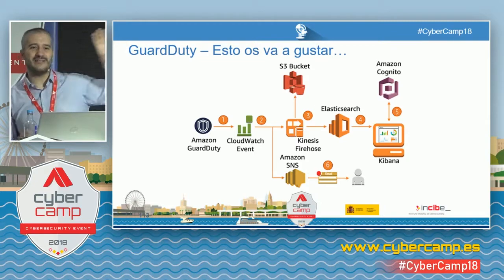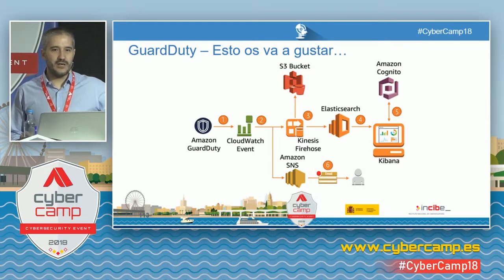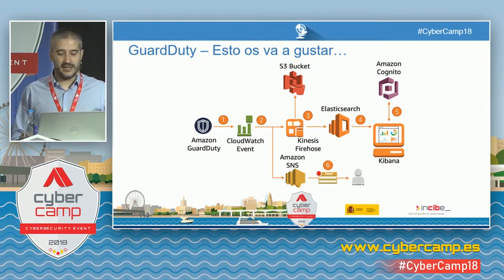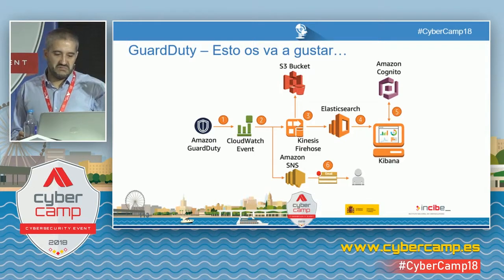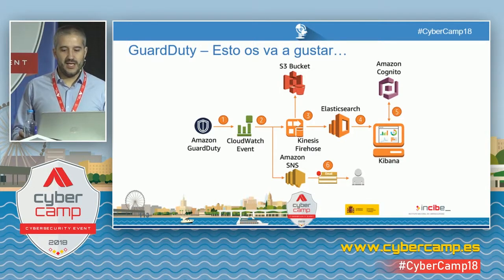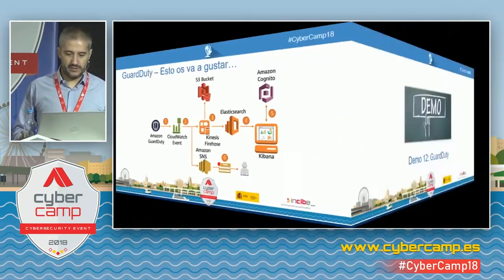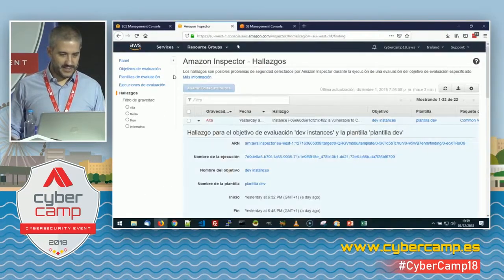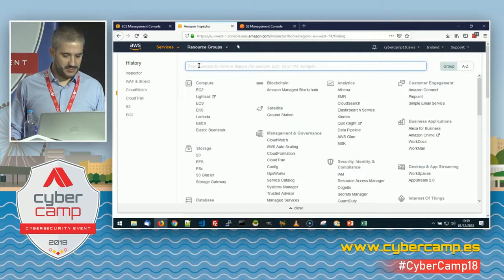I'll tell you what that is in a minute. That will save information in a bucket that will be sent as well to an Elasticsearch so that we can do really clever searches that we can then have on a Kibana dashboard. Sounds complex, but you can do it all in just 3 clicks, with very interesting outcomes.